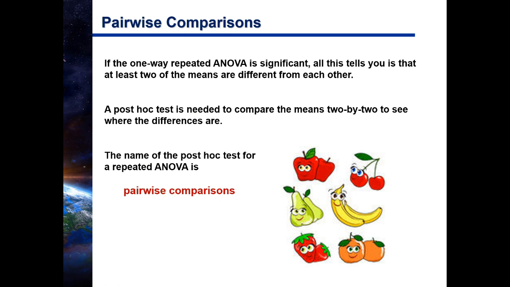With the pairwise comparisons, you would need to look at the recording of the lab lecture to see how each mean is compared to every other mean. And it's actually the same.